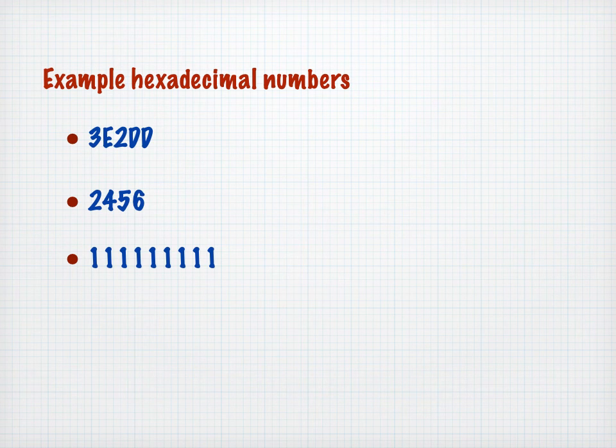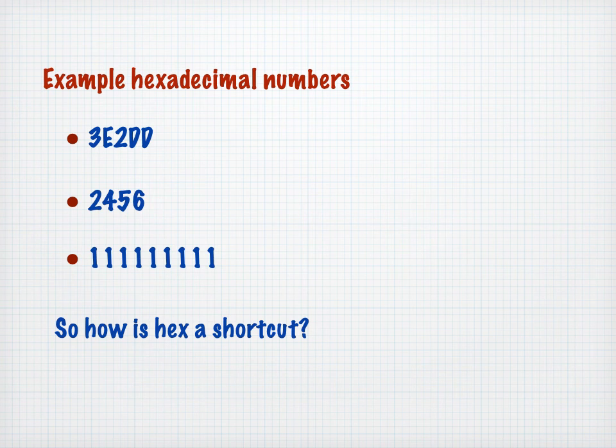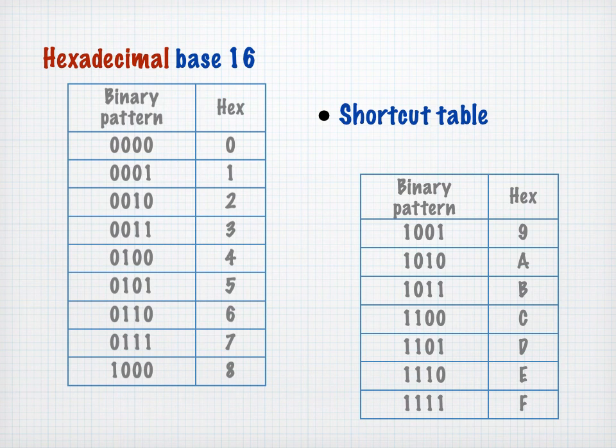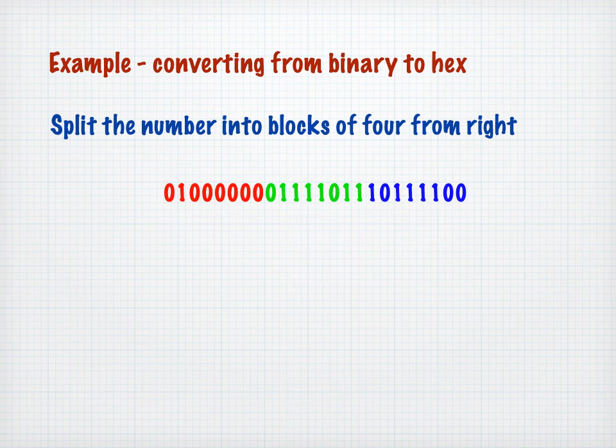How is hexadecimal a shortcut? Well, there's lots of different ways of doing this, but probably the easiest way is to have a look at this shortcut table. You can see how each hexadecimal digit represents a 4-digit binary pattern. So what's the quick and easy way of converting a binary number to a hexadecimal number? Well, let's imagine that we wanted to represent this binary pattern as a hexadecimal pattern.